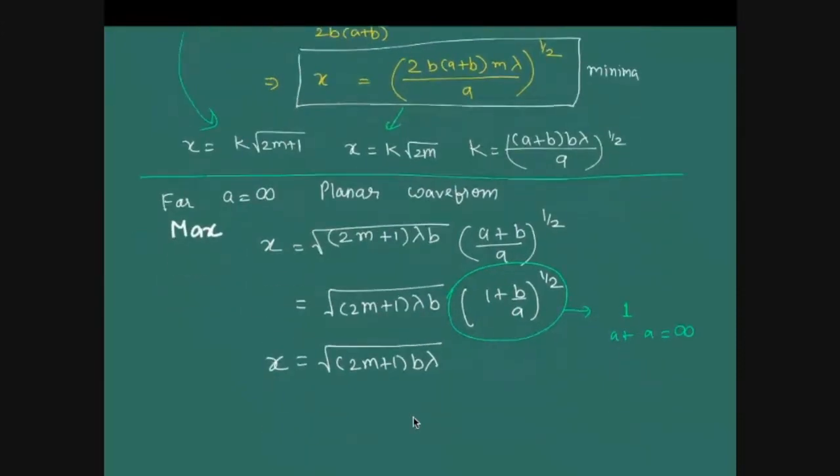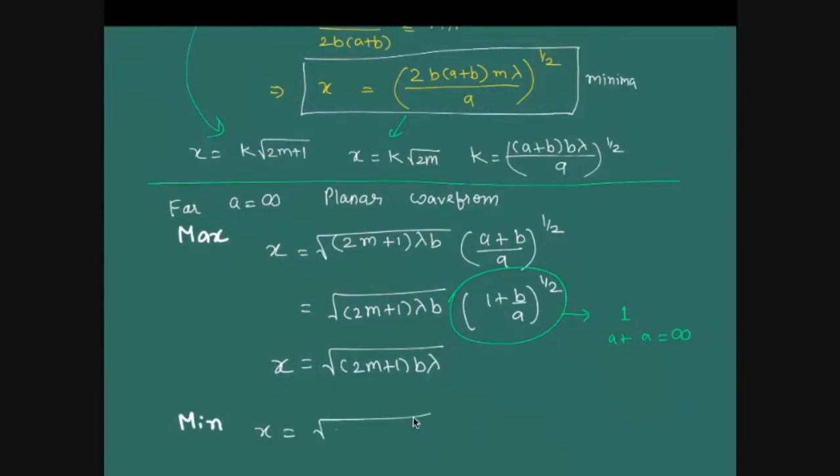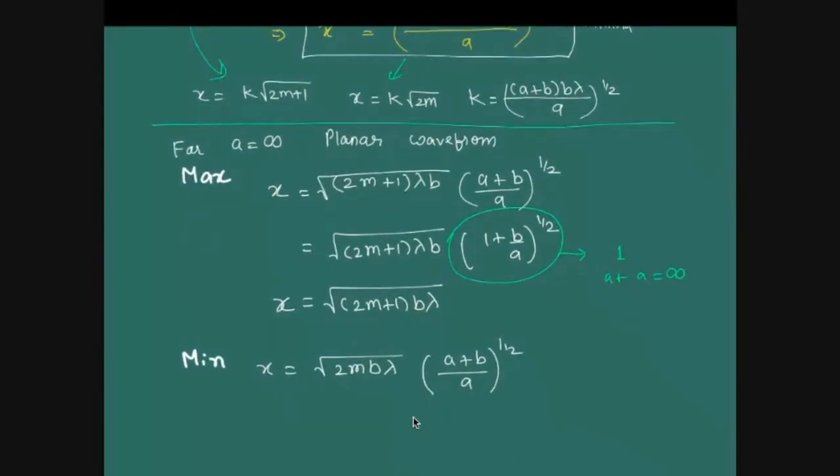And similarly, for minimum, I will get x equals root of 2mb lambda, and same thing, a plus b by a raised to 1 by 2. So I can rewrite that as 2mb lambda into 1 plus b by a, raised to 1 by 2.